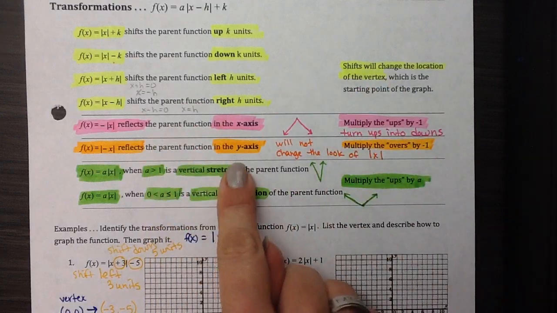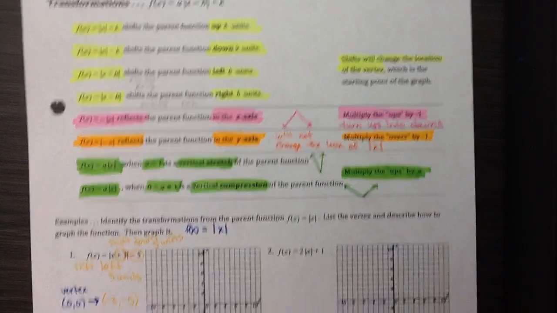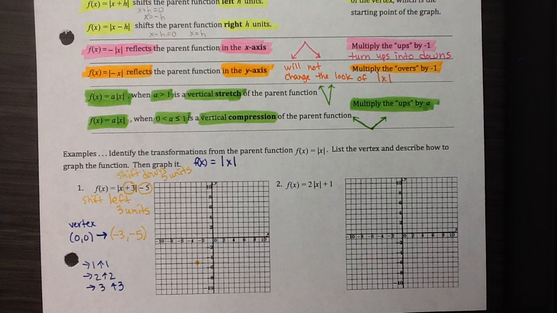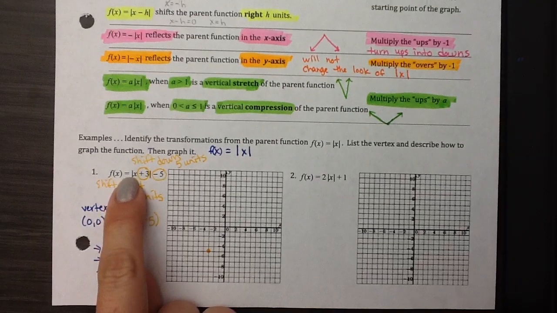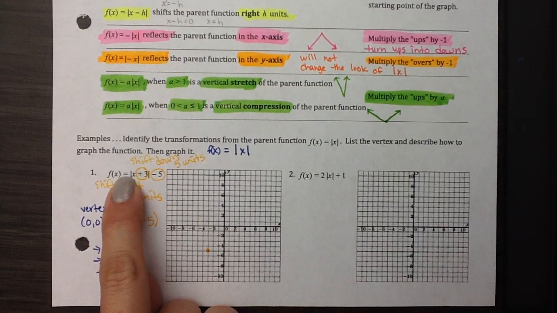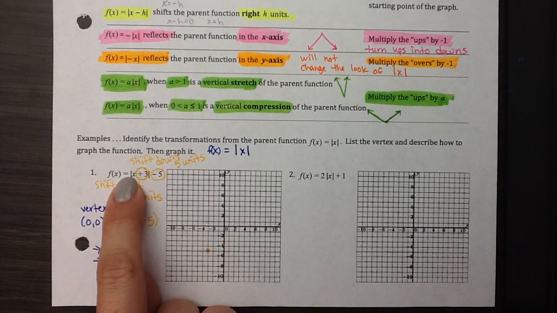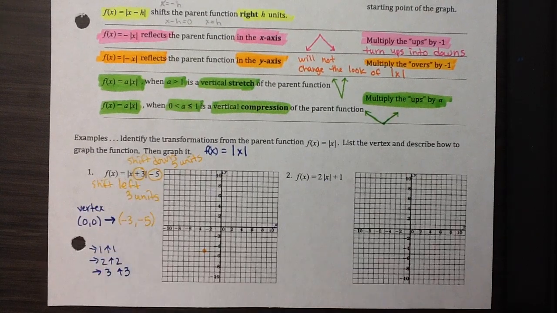The reflections, stretches, and compressions change the pattern. So I have to say, are there any stretches, compressions, or reflections? If I look out to the front, there's no number out in front, so I don't have any stretches or compressions. I don't have any negatives out in front, or a negative in front of my x. So since I have no stretches or compressions, my pattern is going to be normal.